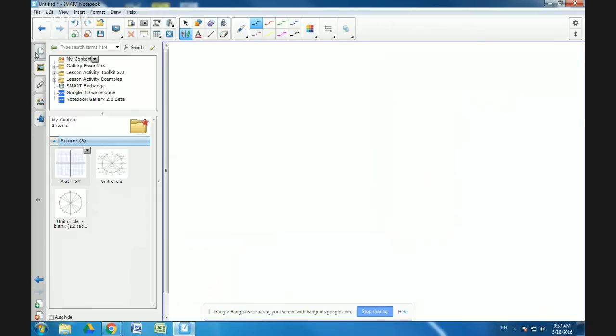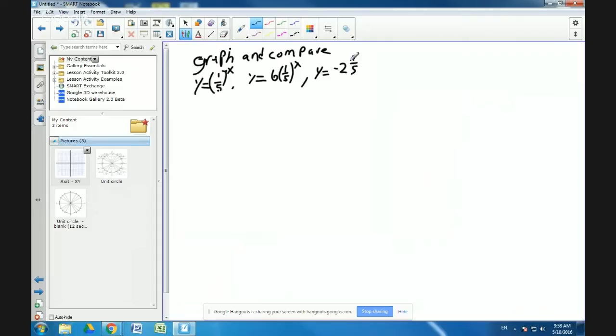You'll also see problems like graph y equals (1/5)^x, y equals 6(1/5)^x, and y equals maybe -2(1/5)^x.